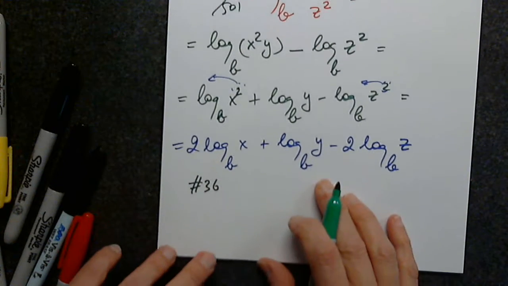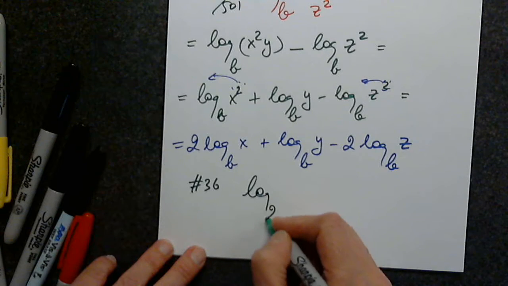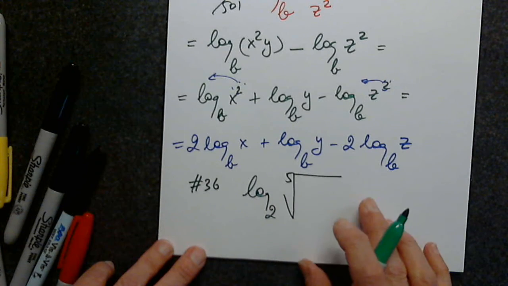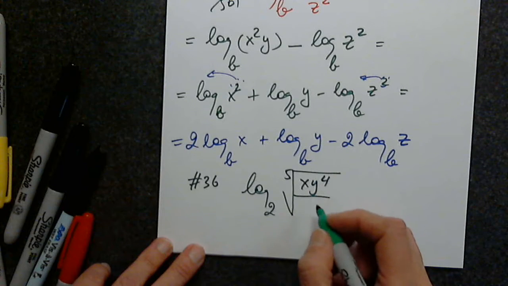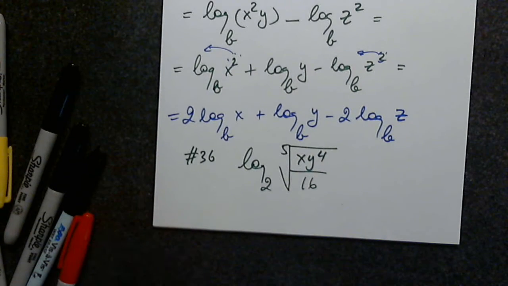Same page. Log base 2 of the fifth root of x y to the fourth divided by 16. We're asked to do the same thing. We're asked to expand this to simplest possible logs, apply all three properties or as many properties as we need to simplify this completely into very, very simple logs.